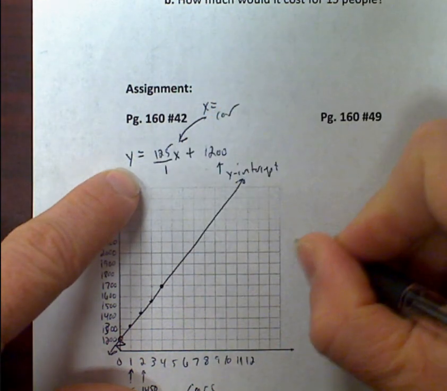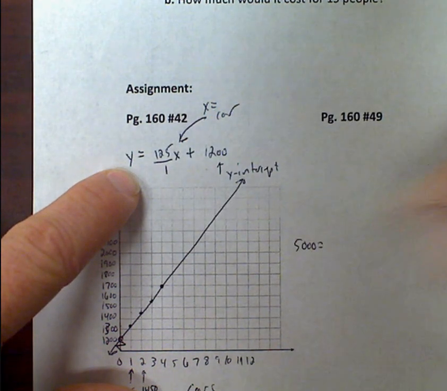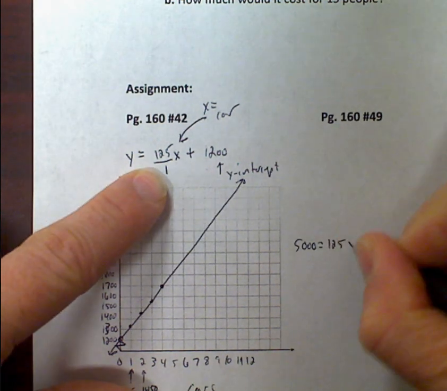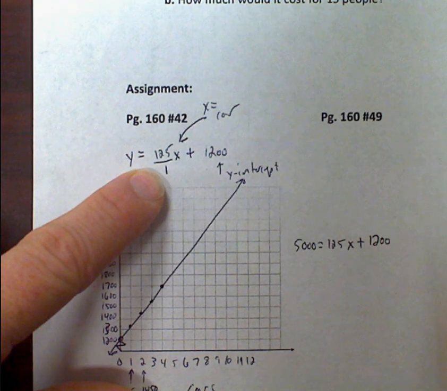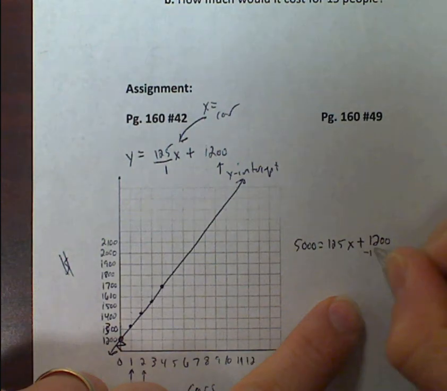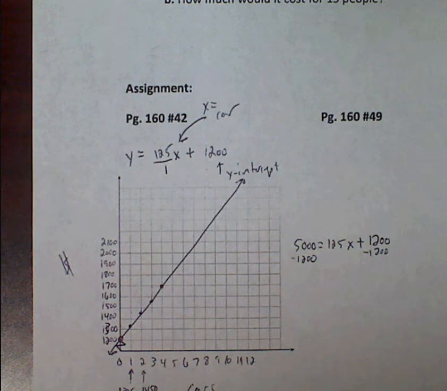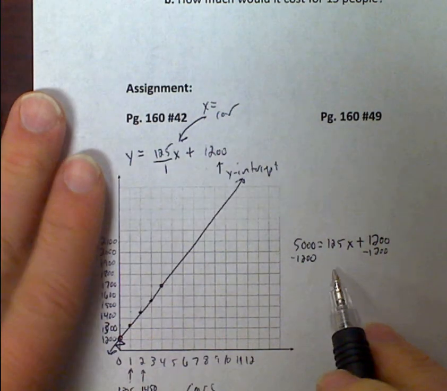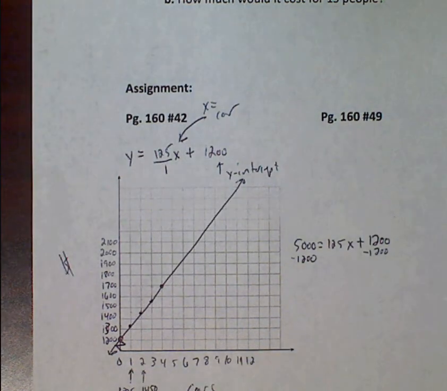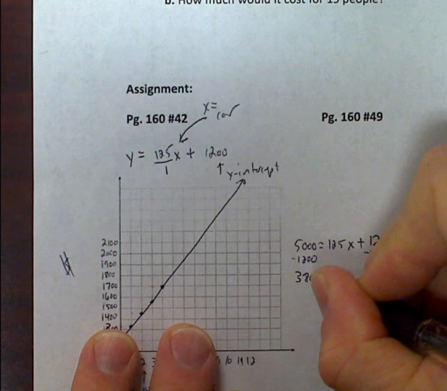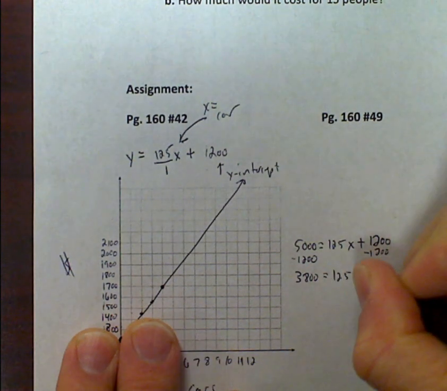If I want 5,000, I'm going to plug in $5,000. So 5,000 equals 125x plus 1,200. I'm going to get rid of my 1,200 and solve for how many cars I'm going to need. So if I take 5,000 minus 1,200, that would be 3,800 equals 125x.